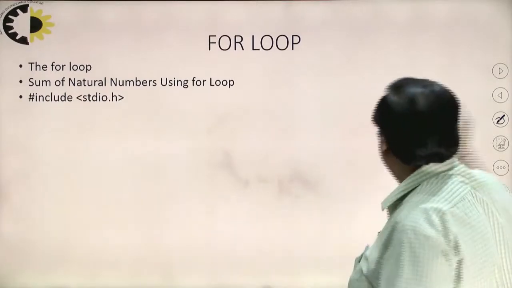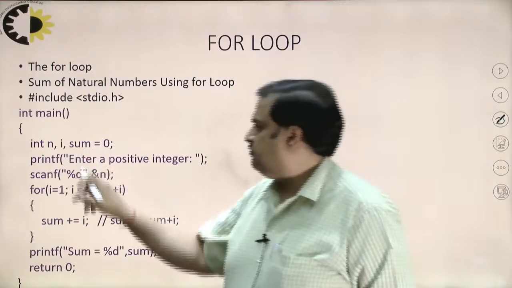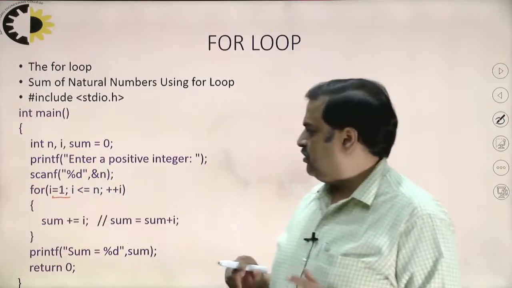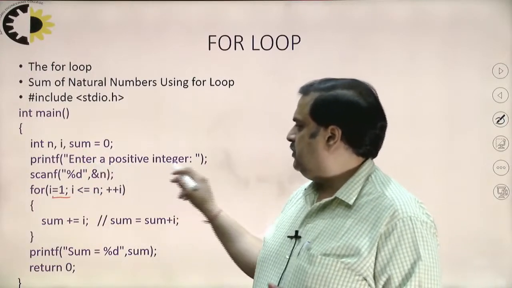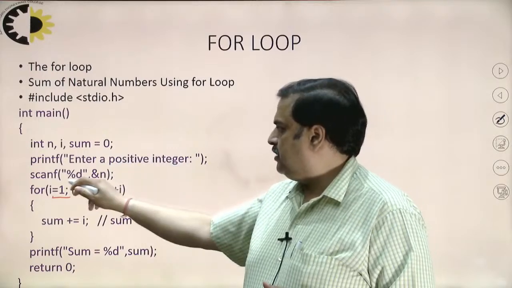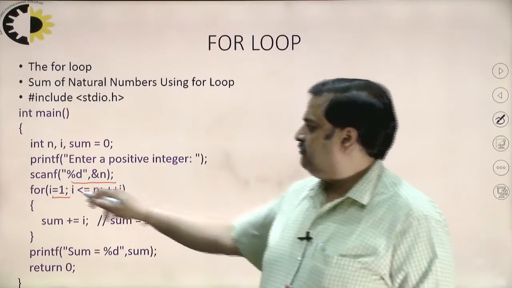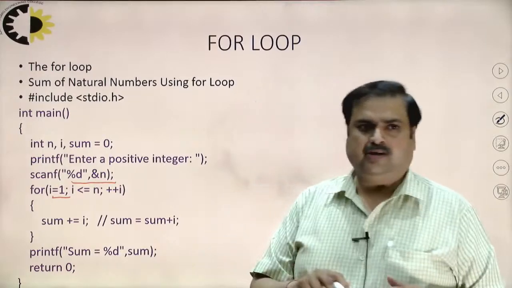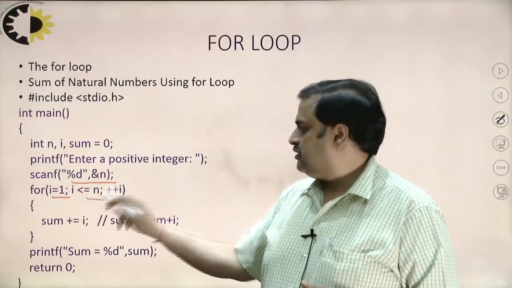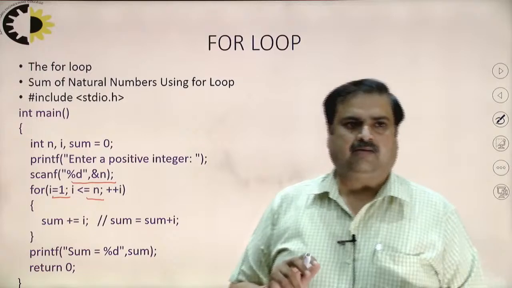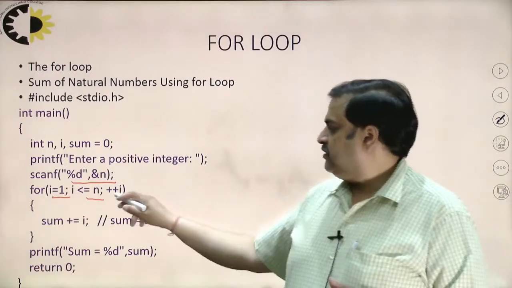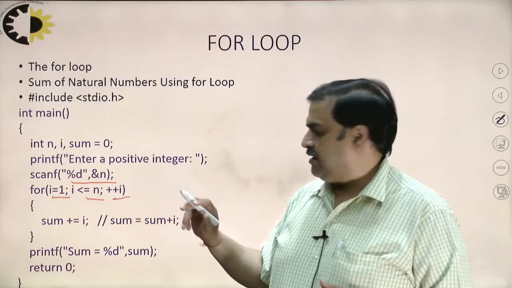For natural numbers we start with 1, 0 is not counted as a natural number. So we will read one positive number and we start from 1 to n. This condition is just checking 1 to n, and then we will increment.